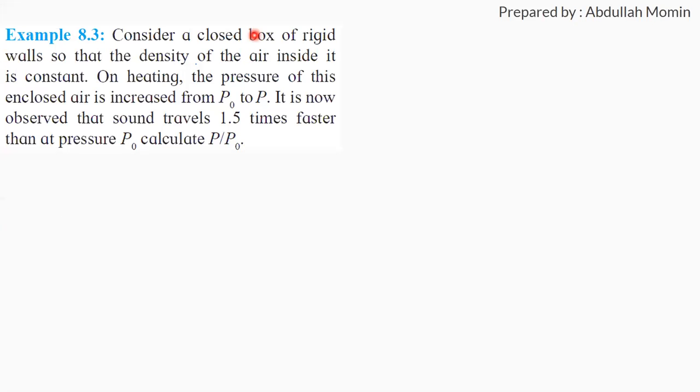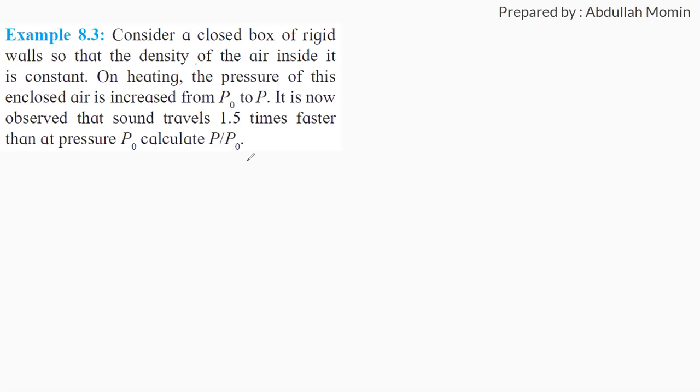Next, example 8.3. Consider a closed box of rigid wall so that the density of air inside it is constant. On heating, the pressure of this enclosed air is increased from P naught to P. It is now observed that the sound travels 1.5 times faster than at a pressure P naught.